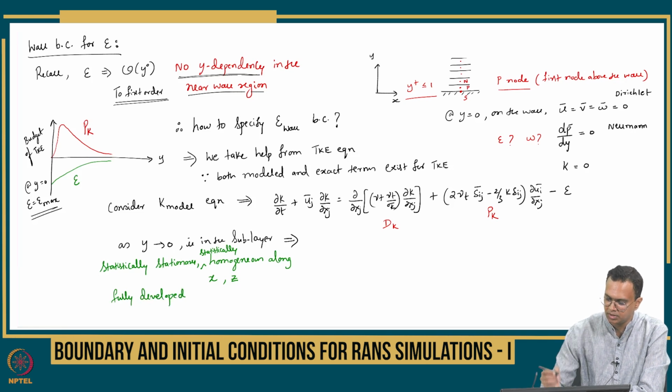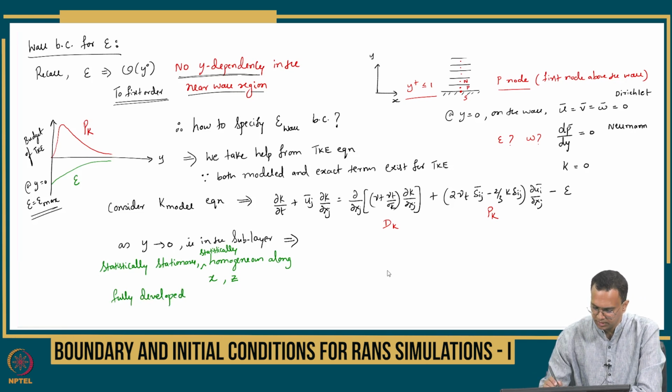Same flow conditions we are using for a turbulent boundary layer in a very thin zone close to the wall. If I do this, then this equation, equation 1, reduces to a simple form.